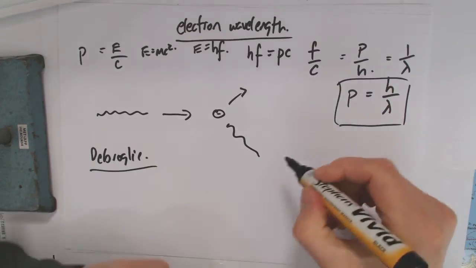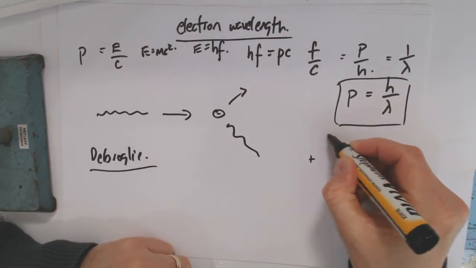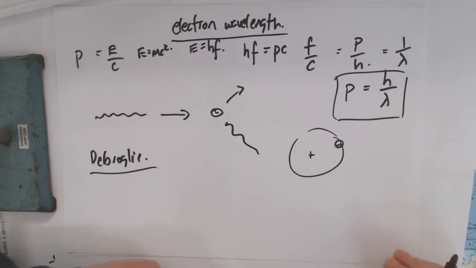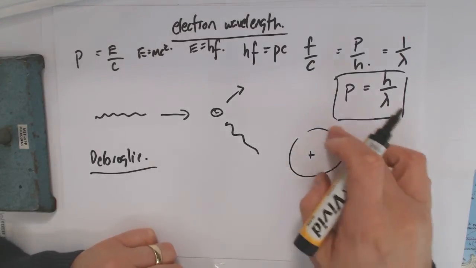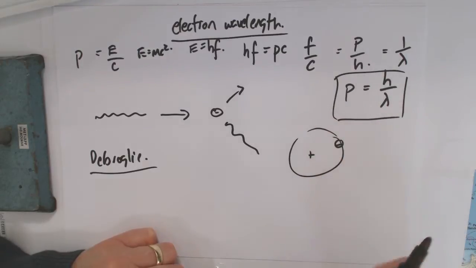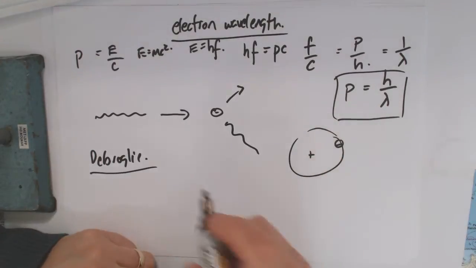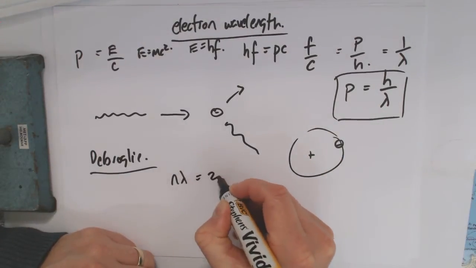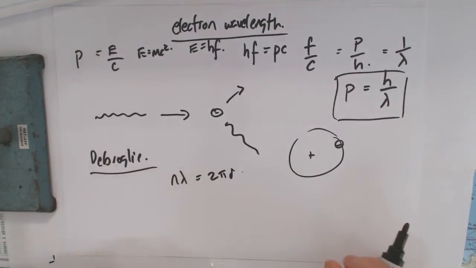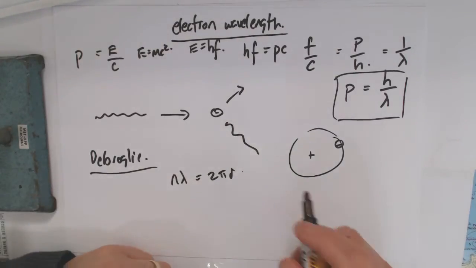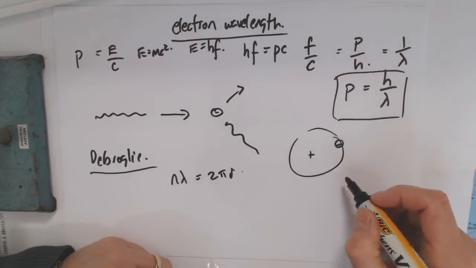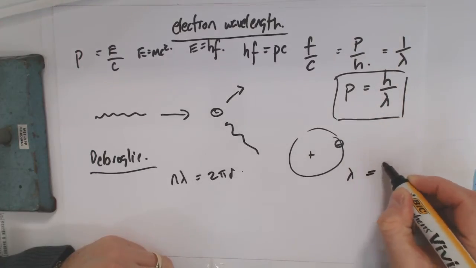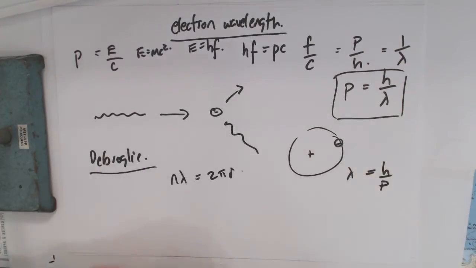And so he said the little electron going around the hydrogen, we could think of that as a standing wave. And if we think of a standing wave, maybe only certain wavelengths can fit. And so he basically said, well, n wavelengths must equal 2 pi r. Which is interesting. But we already have this wavelength thing that we just derived, which says that wavelength is equal to h over momentum, right?